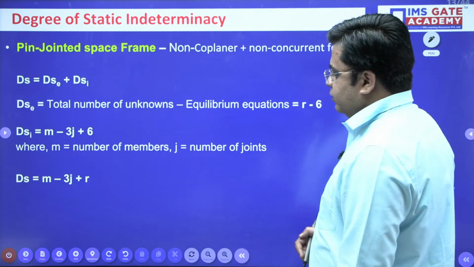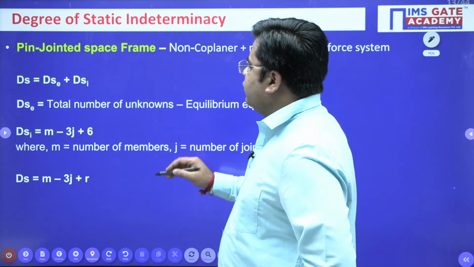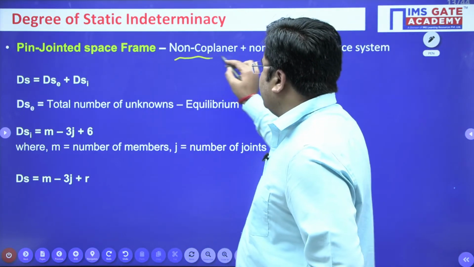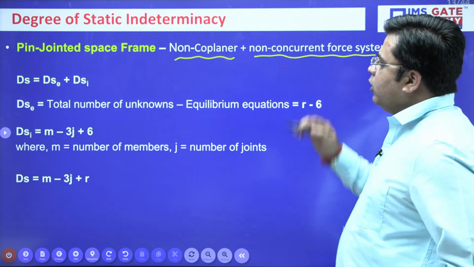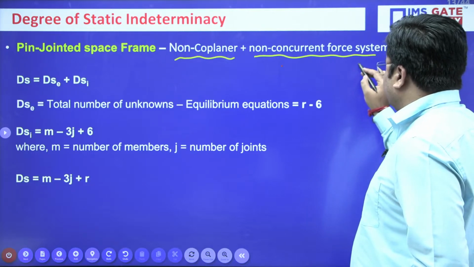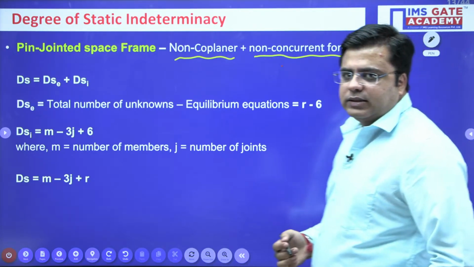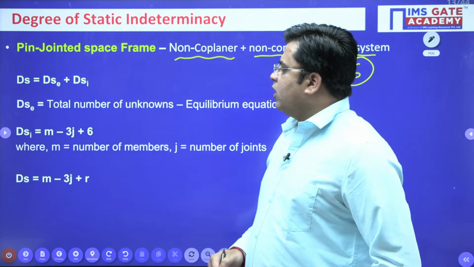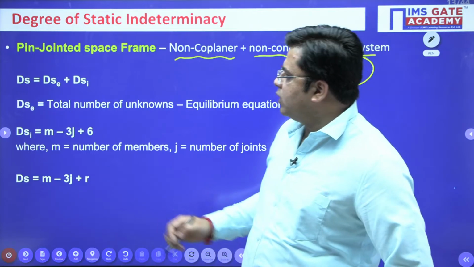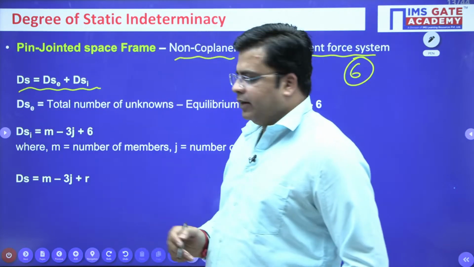Next, for a pin jointed space frame, which is a non-coplanar non-concurrent force system, you have 6 equilibrium equations in order to analyze these structures. So, the degree of static indeterminacy for a pin jointed space frame comes out to be ds equals dse plus dsi.